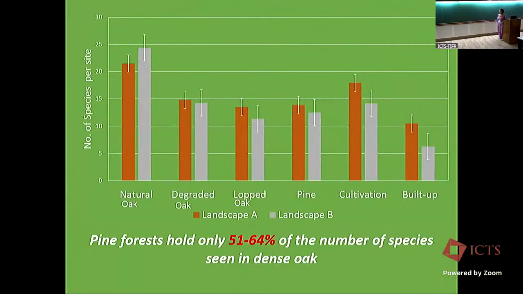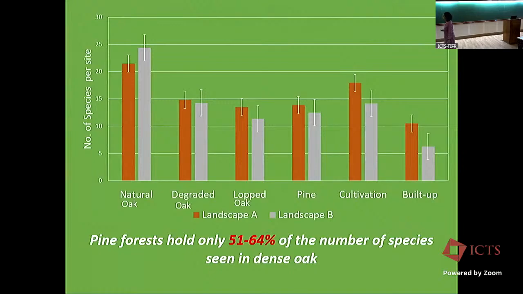So I just want to give you a flavor for what's happening out there in terms of birds. You can see some basic bar graphs here. On the y-axis, you have number of species per site. And on the x-axis, we have these six land uses that I've told you about.